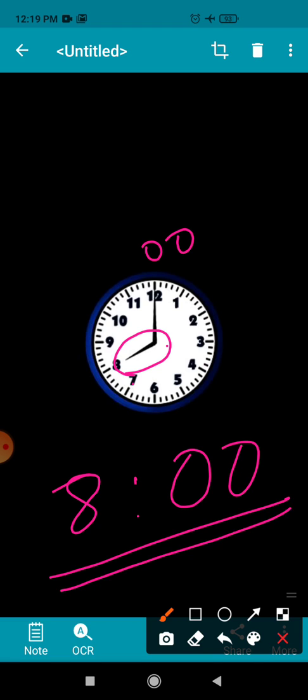This is our hour hand, so it will be written as 8. The long hand is on 12. It will be read as 00. So it will be written as 8:00 and read as 8 o'clock.